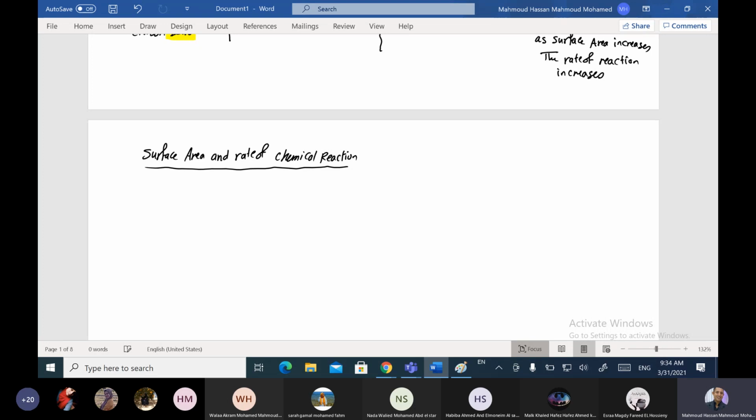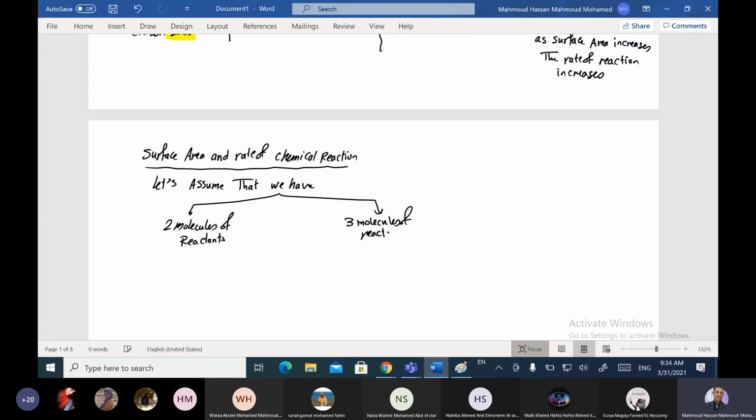Let's assume that we have two molecules of reactants, three molecules of reactants, four molecules of reactants.